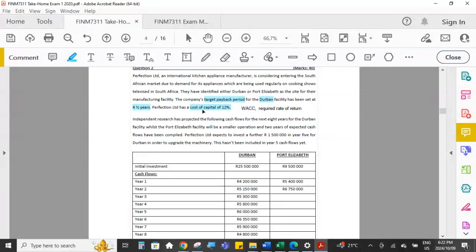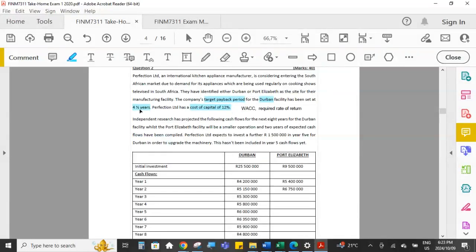Remember, in Learning Unit 2, they have to always give us a percentage of a cost of capital or a required rate of return of the investor, and we use that percentage then when we are going to calculate particularly a net present value. Okay, so we can see here, we've looked at the requirements, and we saw that required number 1 is to calculate the payback period for Durban.